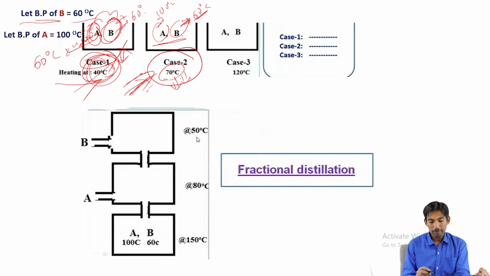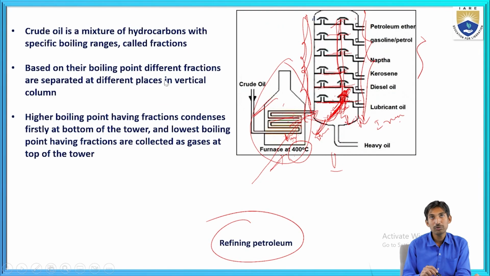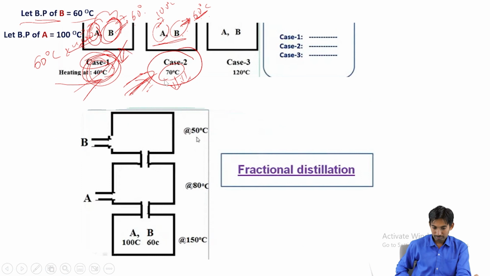What happens? B has a boiling point of 60 degrees centigrade, and we are supplying a temperature more than that. We are supplying 70 degrees centigrade, so the B fraction will be converted from liquid into vapor at 70 degrees centigrade.